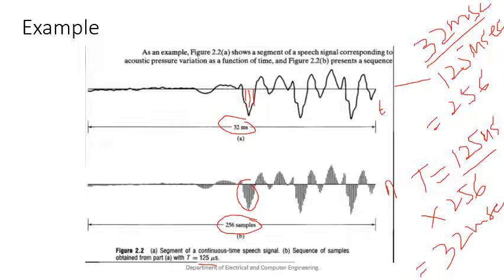Or alternatively, if you multiply time with 256 samples, you will get 32 milliseconds. So that is an example of how you obtain samples from the time. Here we have talked about three things: the total time of the signal, the samples, and the periodic sampling time.